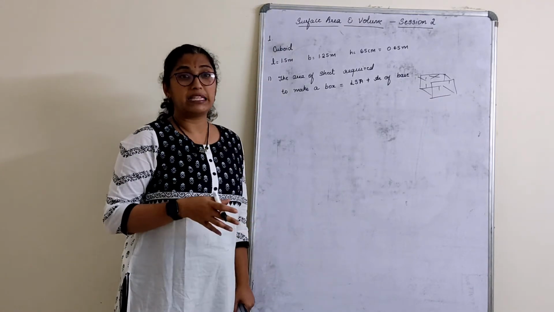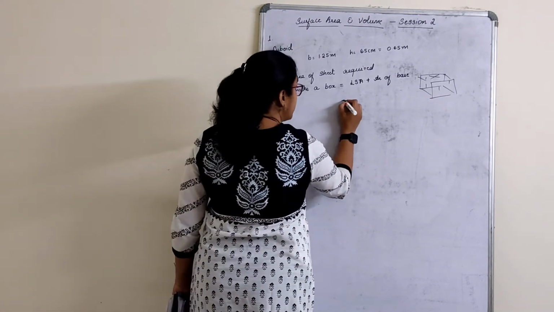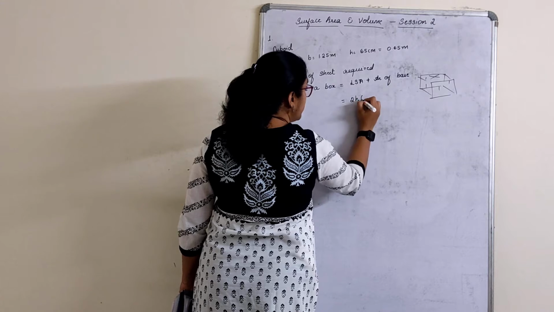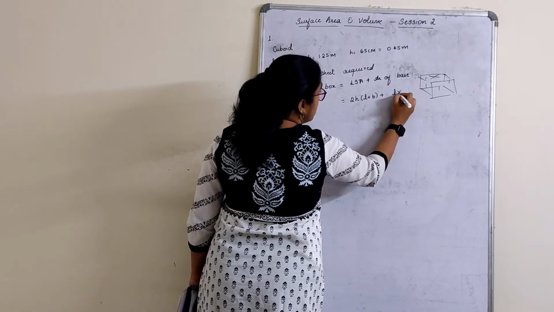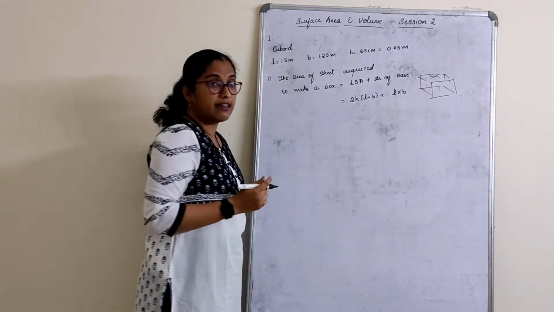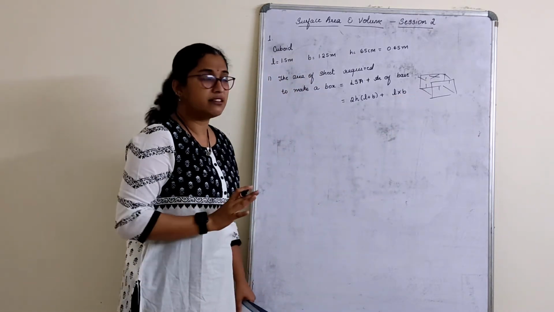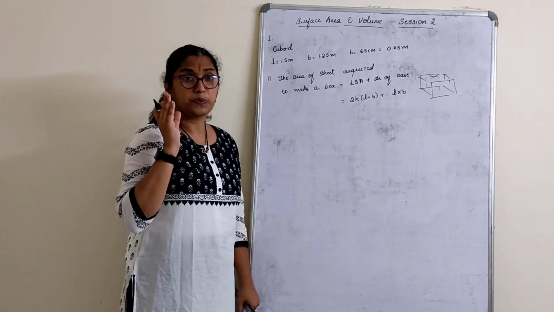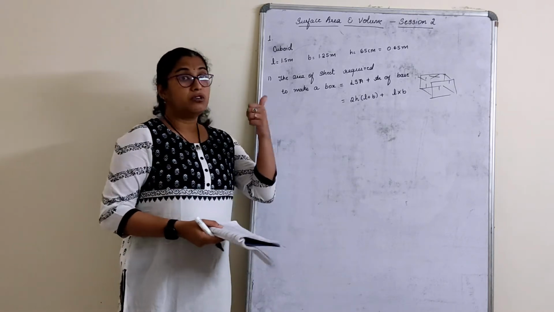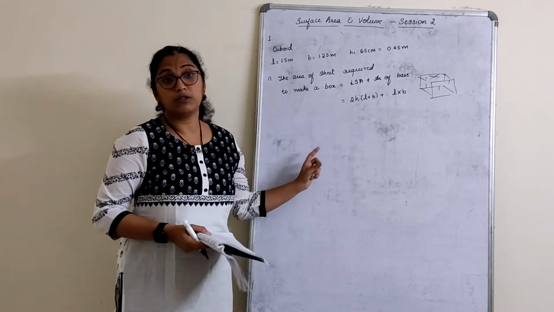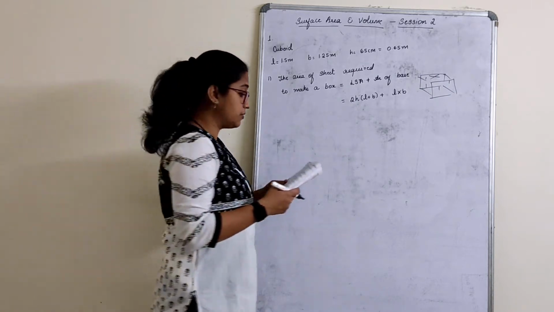What is area of a base? It is a rectangle. What is lateral surface area? 2h of L plus B, plus, what is area of a base? It is a rectangle. What is area of a rectangle? Length into breadth. Substitute. Children, all the sums are very simple. Know the correct formula, substitute it and get the answer.